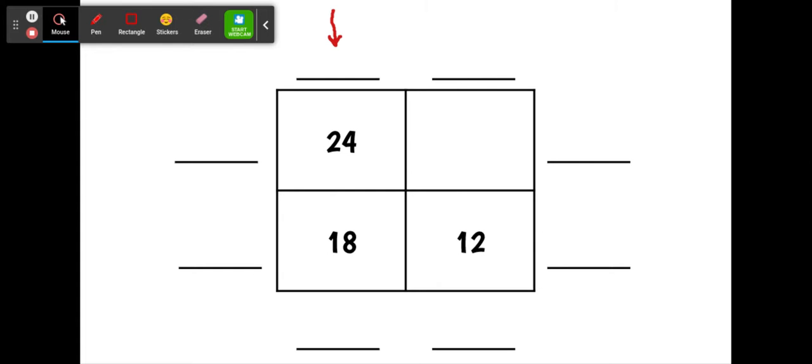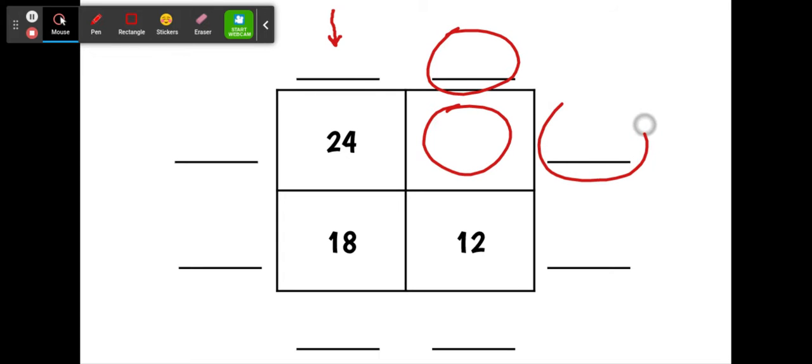In order to think about that, we have to understand sort of which one we need to do. Our goal with these factor puzzles is to figure out this number that's missing. And in order to figure that out, I have to know what this number is and what this number is. In order to help me figure that out, I have to know what all of the other factors are.